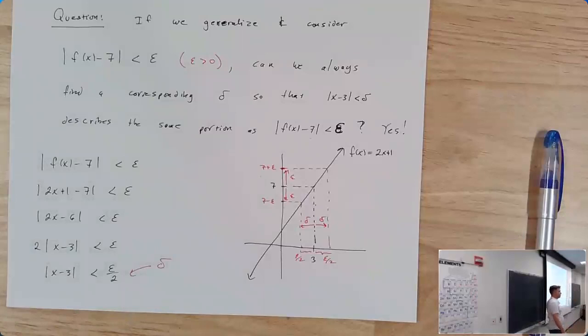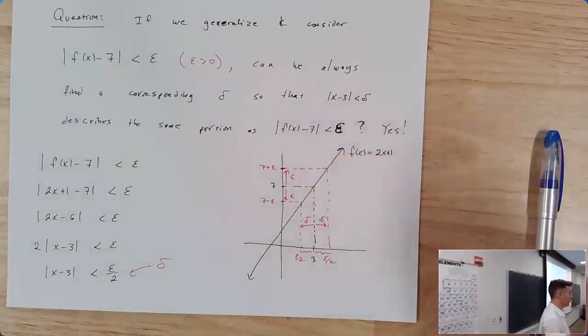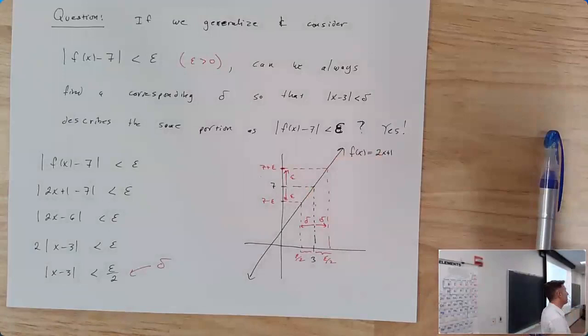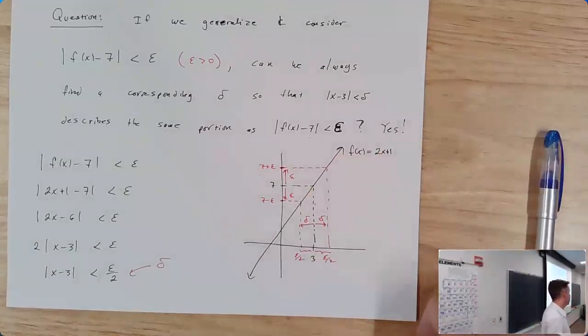Delta would need to be 1/2 billion. So if I want this function to be super duper close to 7, within 1 billionth of 7, x better be within 1/2 billionth of 3. So I can go up to 3 plus 1/2 billionth or 3 minus 1/2 billionth, and that's going to be close enough to 3 so that my function is close enough to 7.